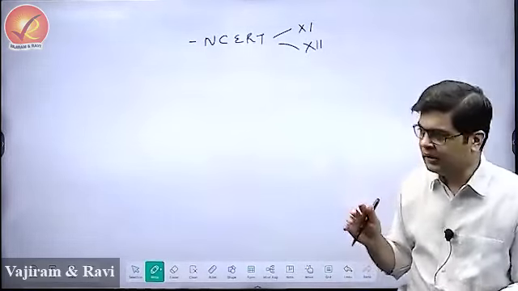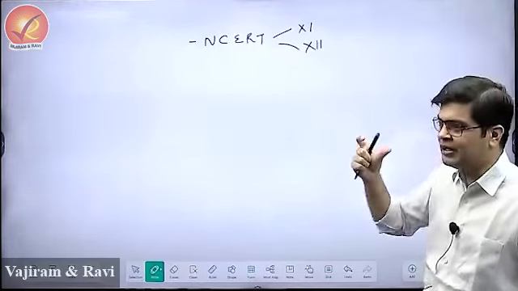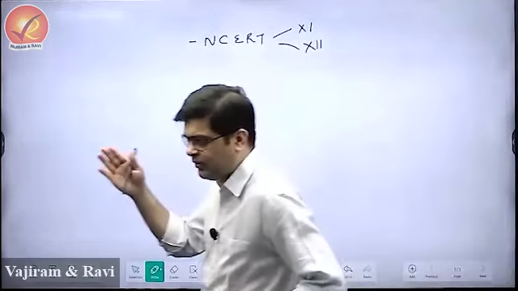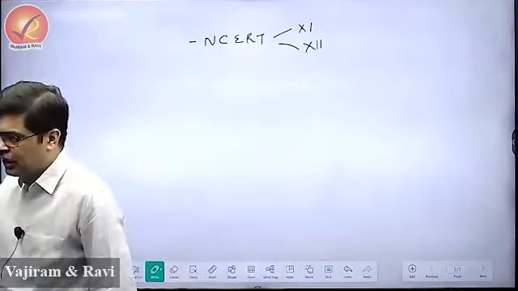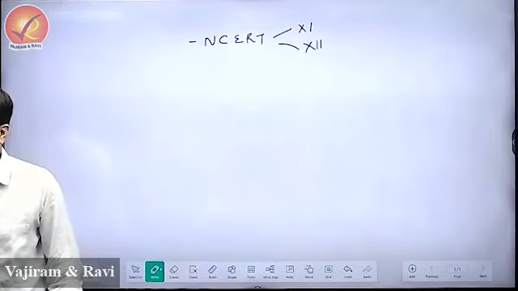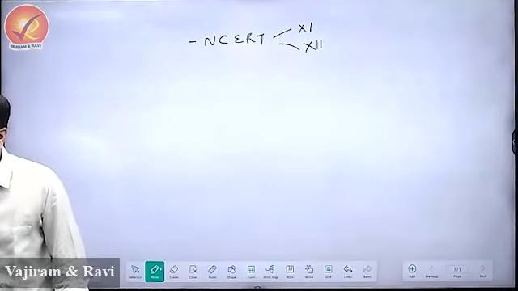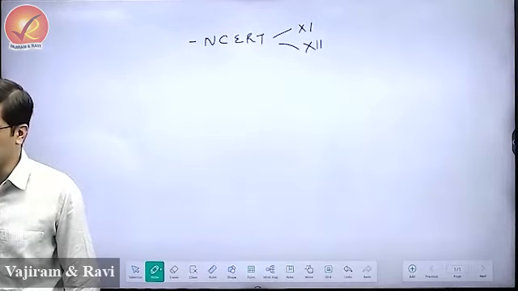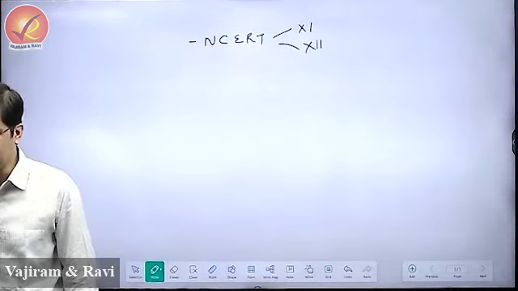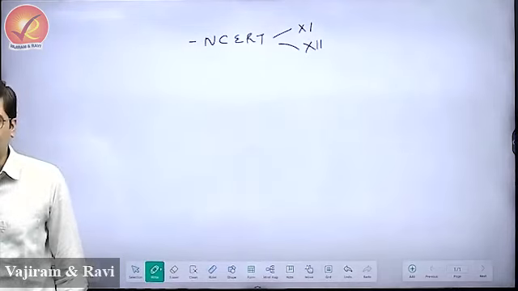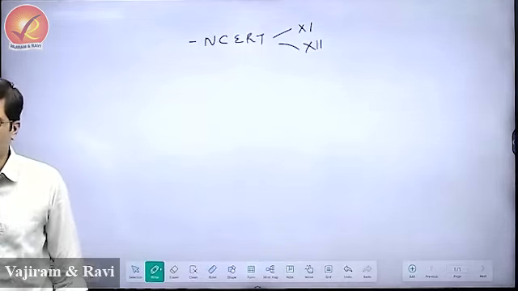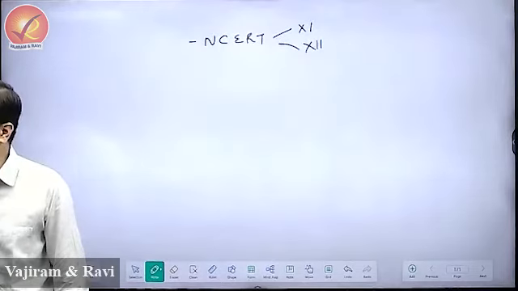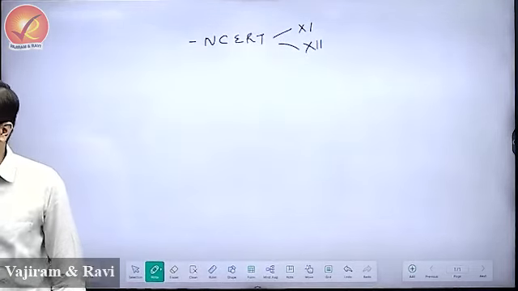If I look at the previous year's questions on energy resources, a good number have been on renewable energy. But when the NCERTs were published long back, renewable energy was in a very young stage. You had a very limited amount of India's energy generated from renewables. So you don't have much content on renewable energy in the NCERTs.